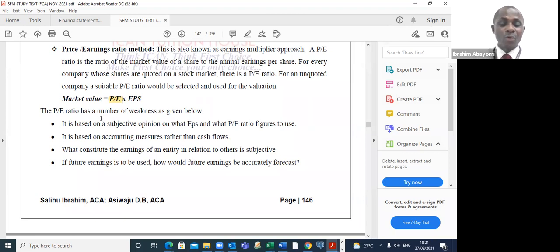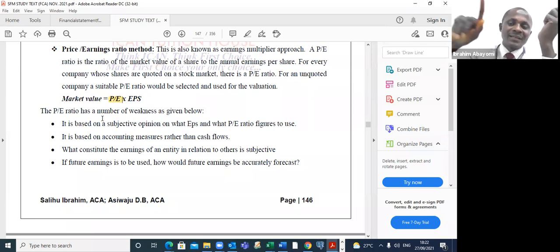For me to value an unquoted company using price earnings ratio, I must look for a proxy company that is in the same business with that unquoted company and is a listed company. So I will use the price earnings ratio of that quoted company to value the unquoted company. So you can see the problem.